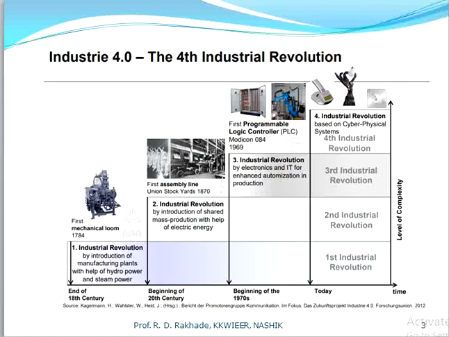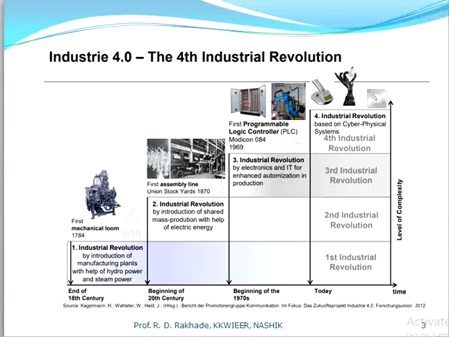So basically there are four revolutions in history. In the first revolution, at the end of the 18th century, there was the introduction of manufacturing plants with the help of hydropower and steam. In the second phase, the beginning of the 20th century, there was the introduction of shared mass production with the help of electric energy.